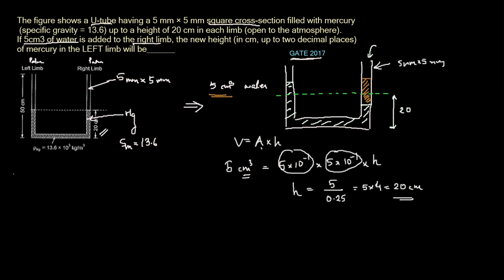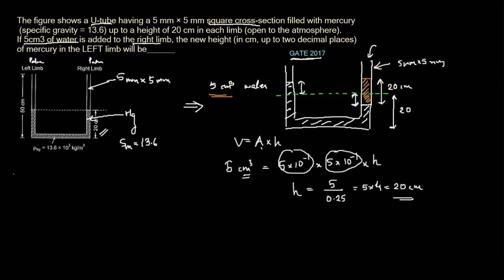So once we get the height, we know that this height of water is 20 centimeter. Then we need to note that the amount of mercury that is decreased here will be the same as the amount of mercury that is increased here.